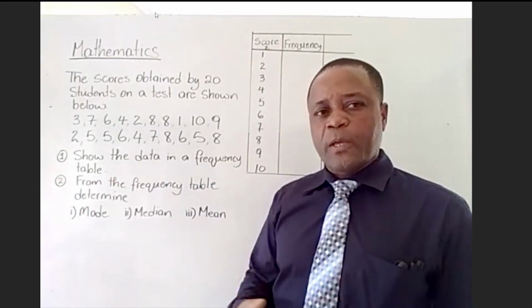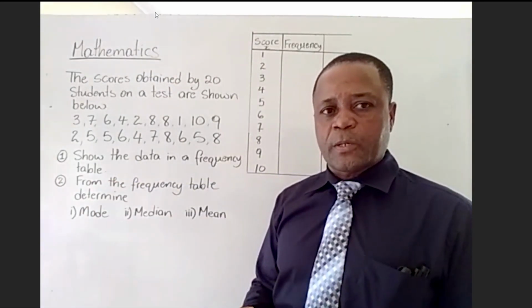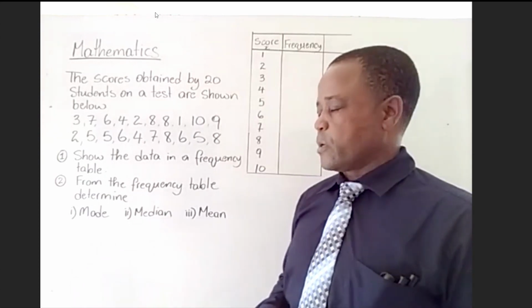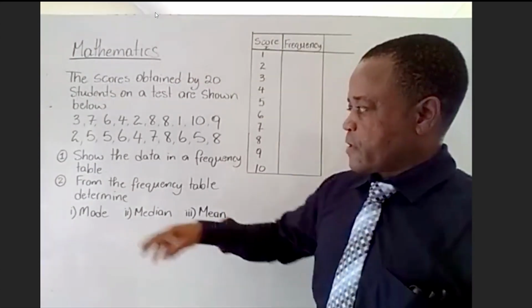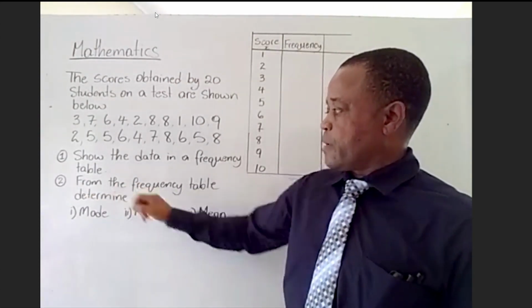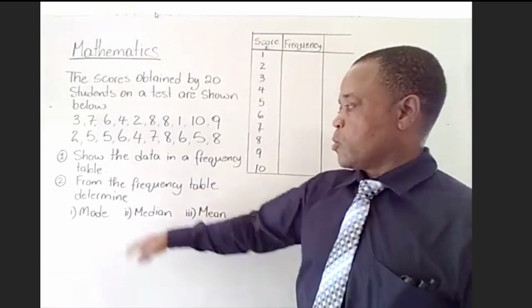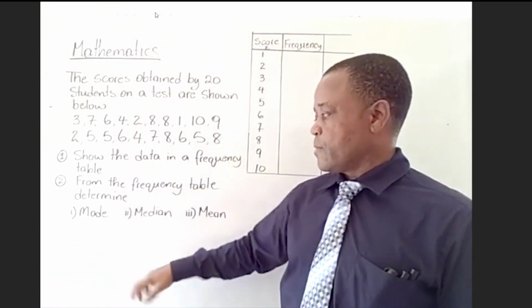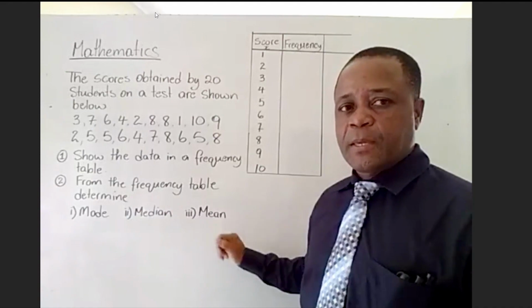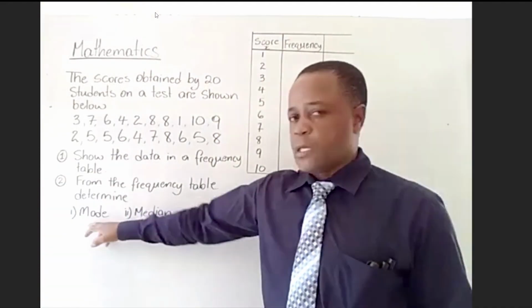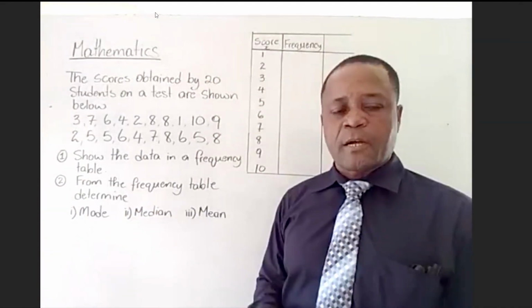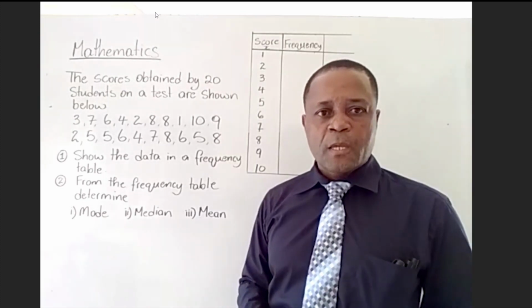This is one way that we can organize our data. After that, from the frequency table, we will determine the mode, the median, and the mean. As was mentioned, these are the measures of central tendency.